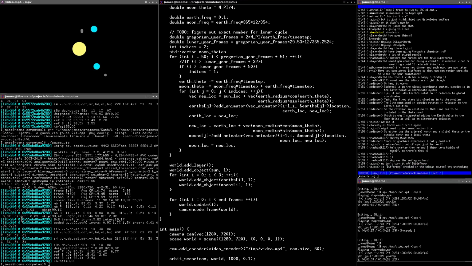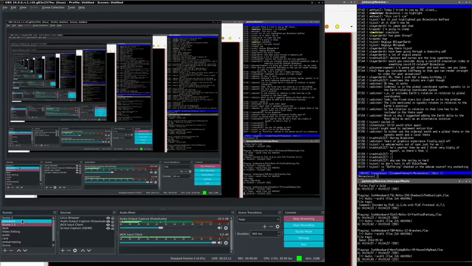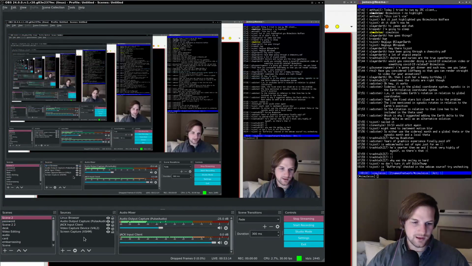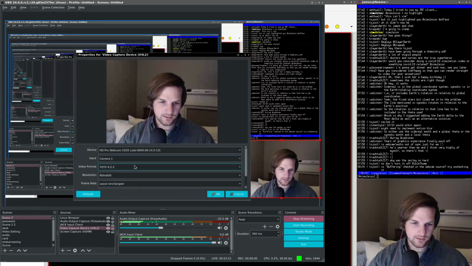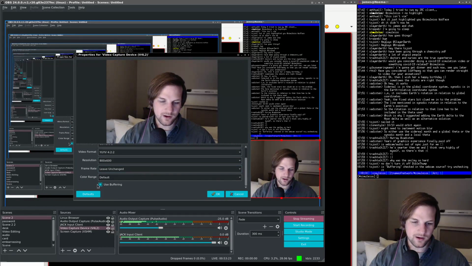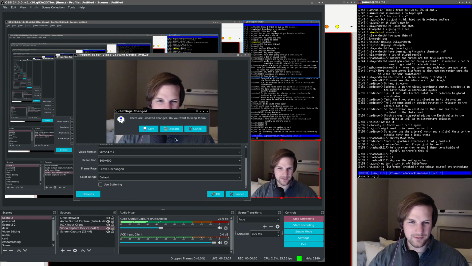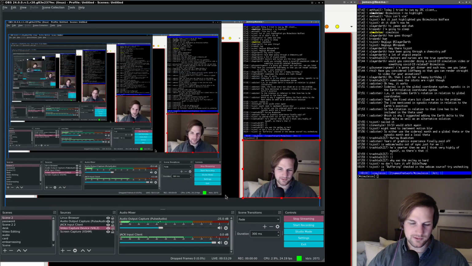Okay. So let's see. Is buffering checked in the web? There's nothing I can do about that. Here, let me just go to scene 2. And if I go to video capture device, it doesn't matter if buffering is on or off. If I turn buffering off, then maybe it works. Let's see what happens. Crap.